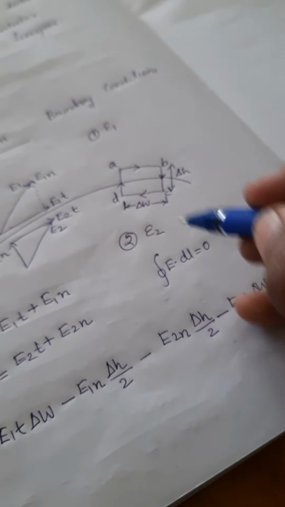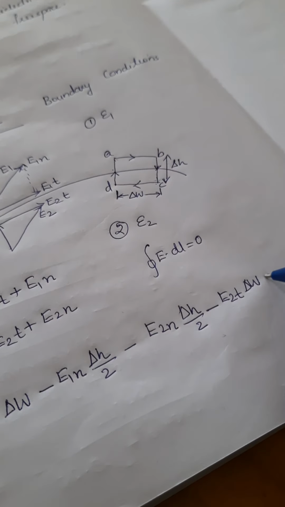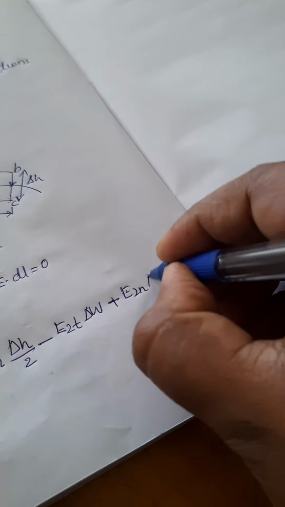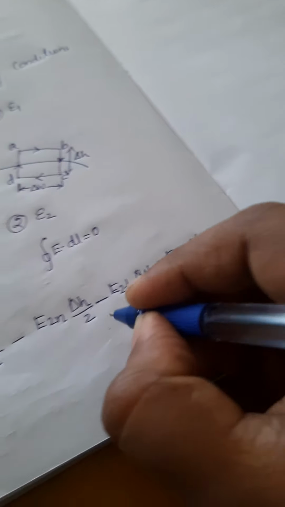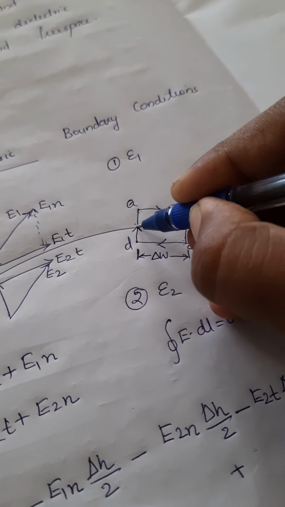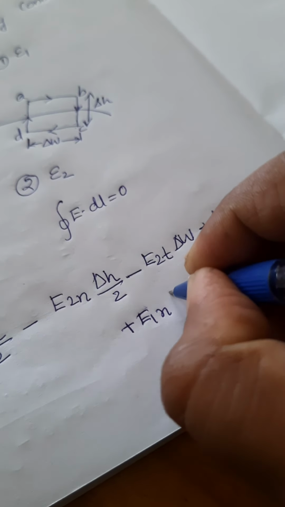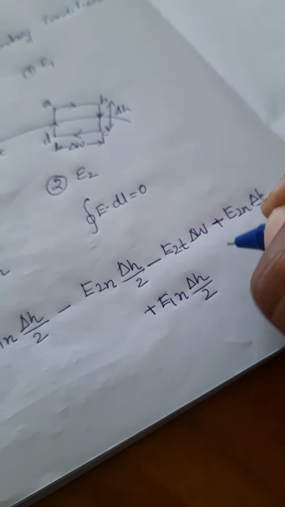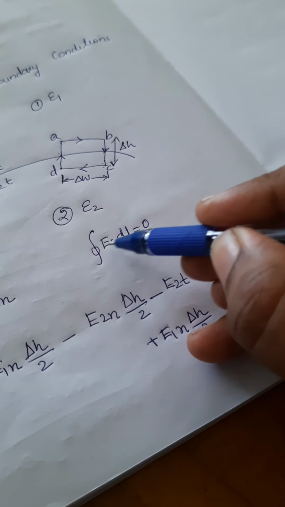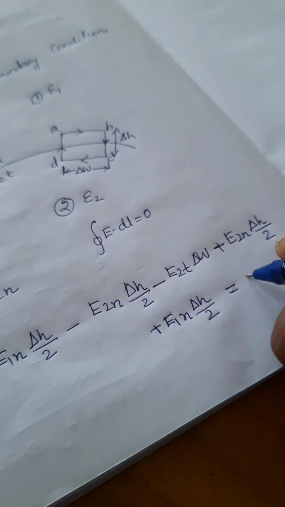Then from D to the boundary, it is plus E2n into delta h by 2, plus from the boundary to point A, it is E1n into delta h by 2. So the path is now closed, and according to this, closed integral E dot dl is equal to 0 over the whole path.